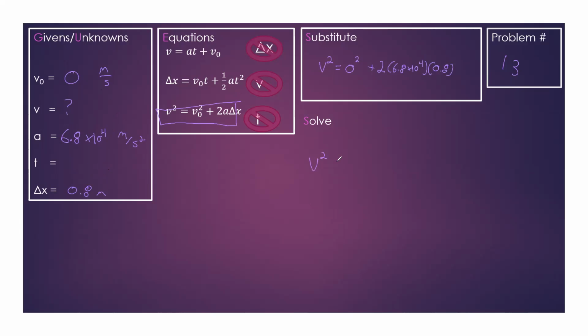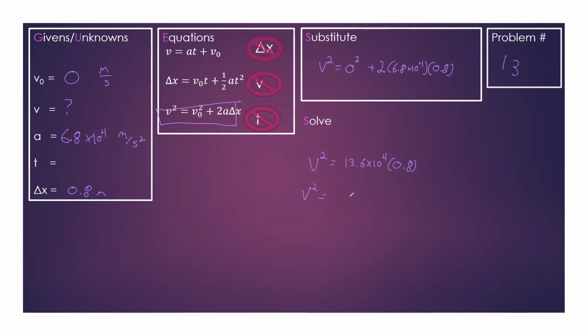So v squared equals 13.6 times 10 to the fourth times 0.8. I just multiplied the 2 in because I could. Not that it matters because I've got to multiply everything together now. So v squared equals a very large number.